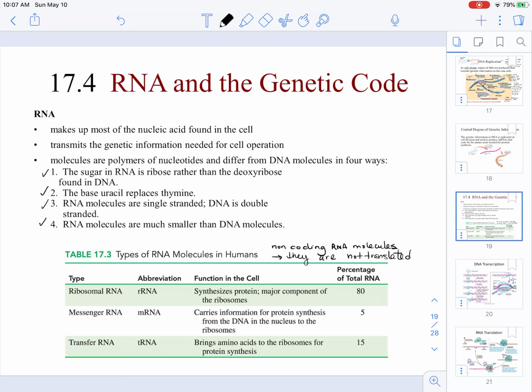The non-coding RNAs that we have are ribosomal RNA and transfer RNA. They are obtained by the process of transcription, and that is the final step of the reaction.